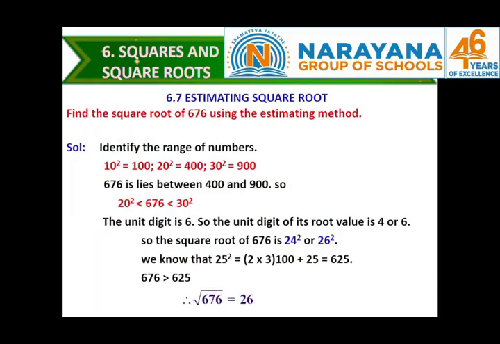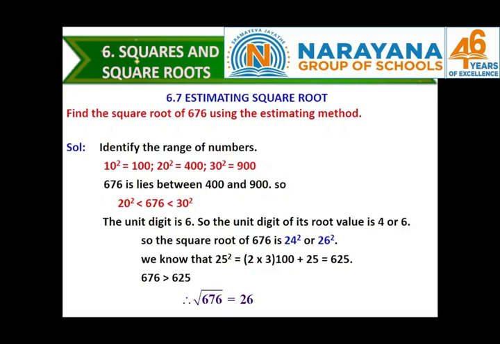Now the last process, I think, is estimating the square root, without applying repeated subtraction, prime factorization or the division method. Sometimes it is possible to find the square root of perfect squares. Here I give one example, 676.